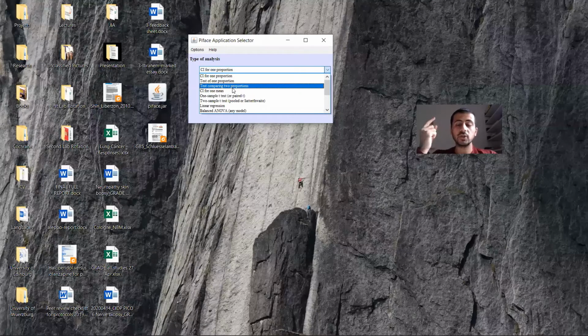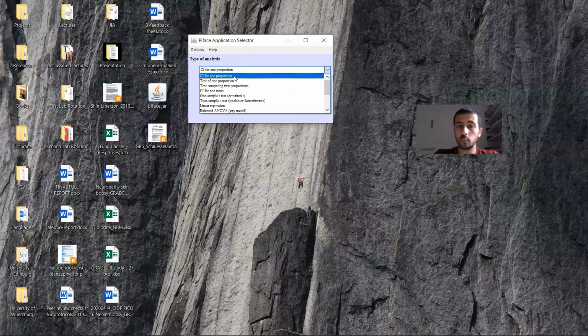If I just have one proportion, but I need to understand its confidence interval, I will take the confidence interval for one proportion. I just tested. I don't know anything about the population in my city, but I took a sample and found that this sample has about 50% people who are happy.